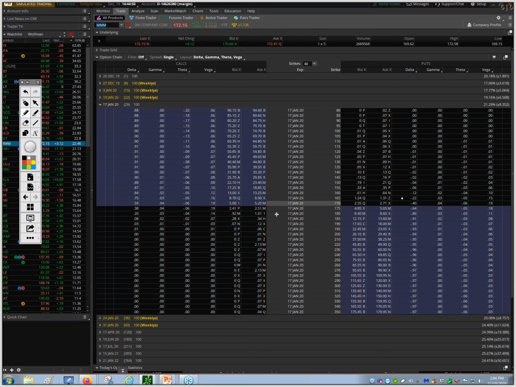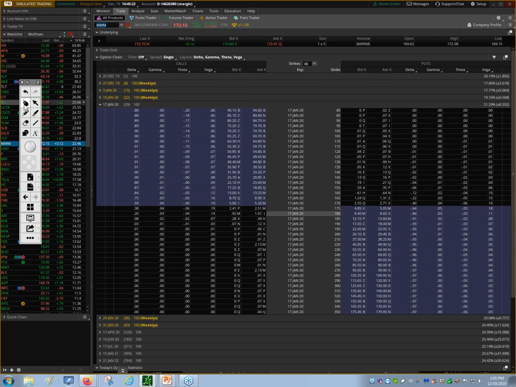But the 165s, we'd probably go a little bit tighter than that. But you can see that the theta is offsetting pretty much. We're going to be helped out actually by 1 penny, but you can see they're very close. And the volatility is 15 here, and the volatility here is 14. So we're going to be offsetting them, right?